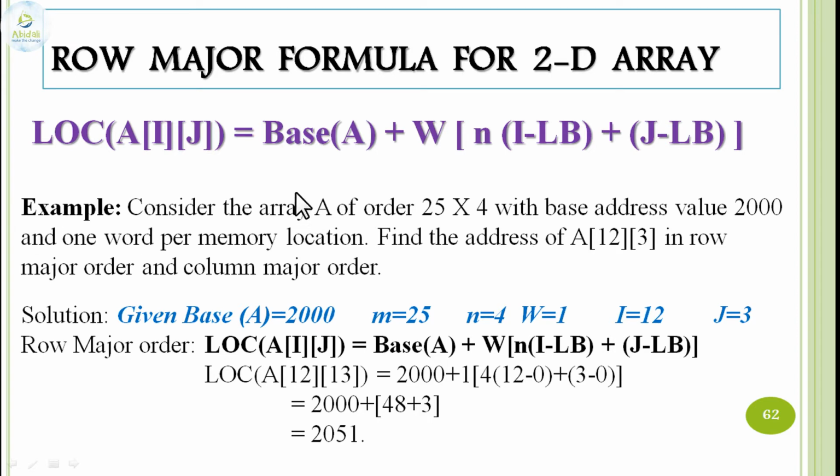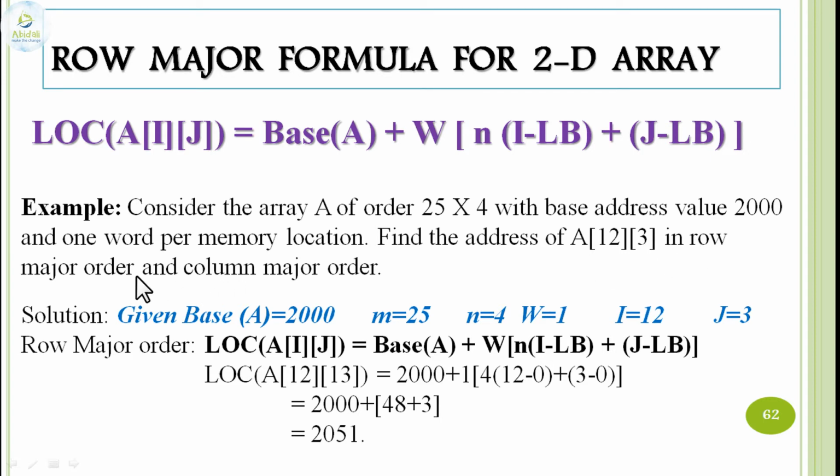Considering an array A of order 25 cross 4, that means 25 rows and 4 columns, with the base address having a value 2000 and the W value is 1 word per memory location. We are now going to find the address of A of 12 and 3, that is A of I and J, where I stands for 12 and J stands for 3.